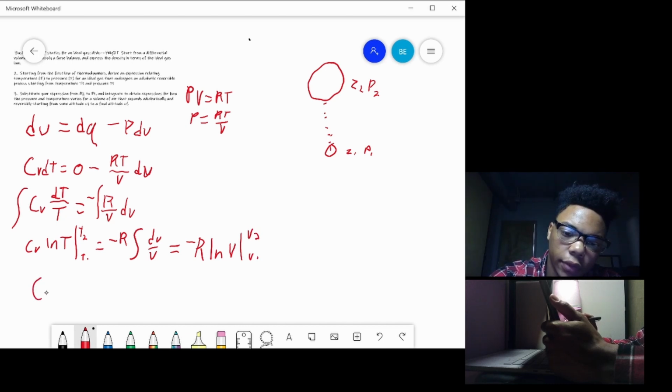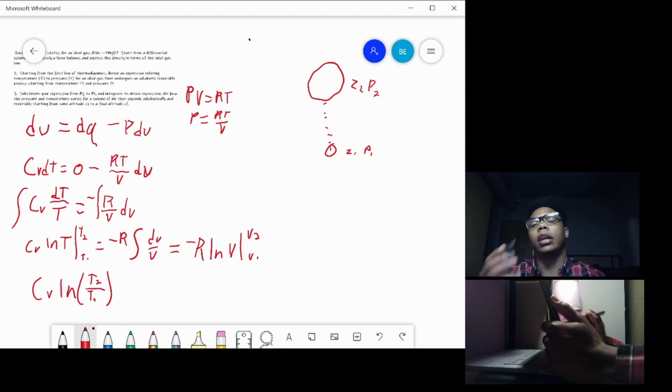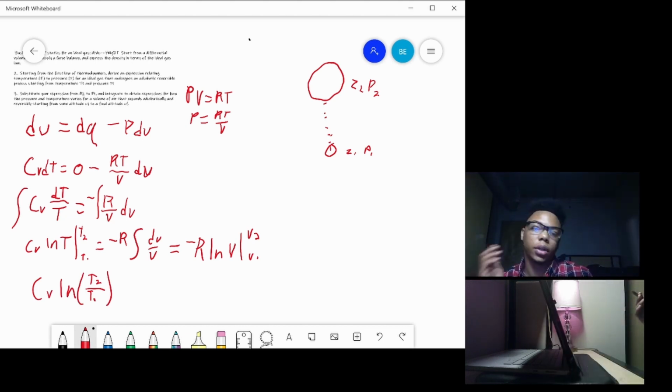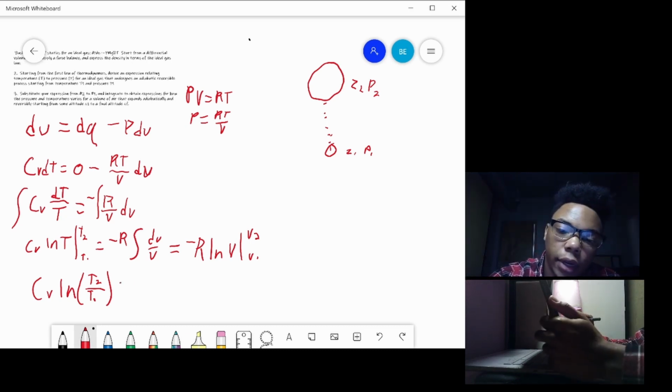So what we're going to have is Cv natural log T2 over T1, because you'll have a natural log of T2 minus natural log of T1, and when you do natural log minus natural log, you can put them into one natural log. And then we're going to have this equal to negative R natural log of V2 over V1.